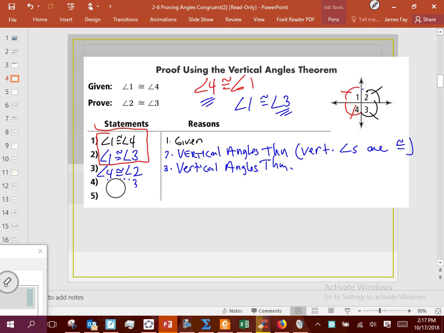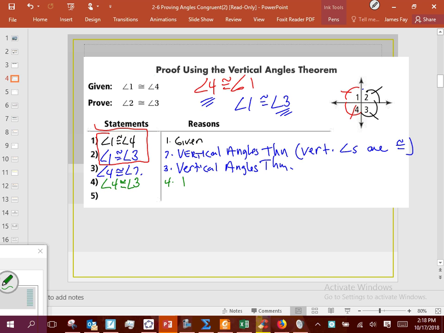And I want to write that in a different color because I have to go green. Angle 4 is congruent to angle 3. Now the idea is this is an A, then B, and this is the same B, and then C, right? So if A is congruent to B and B is congruent to C, then A is congruent to C. What phrase was that? What property? Close. It's transitive, okay? Because of how we go through that kind of linear progression.